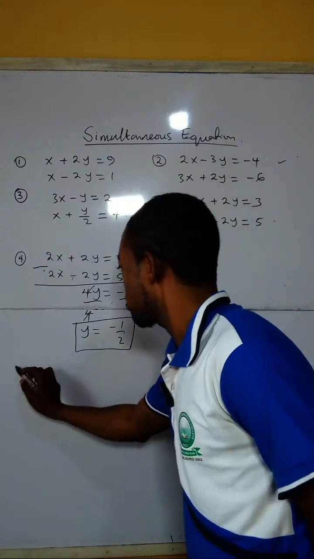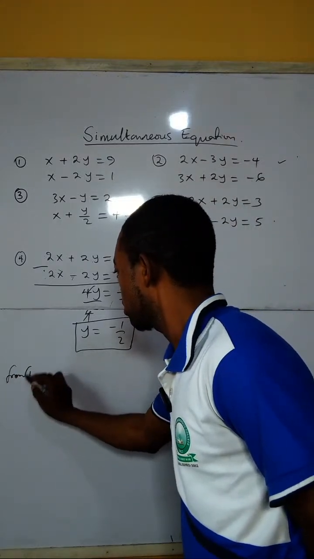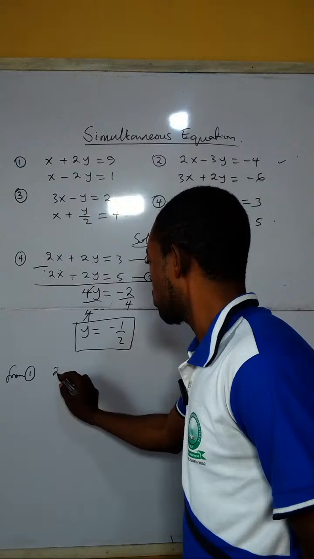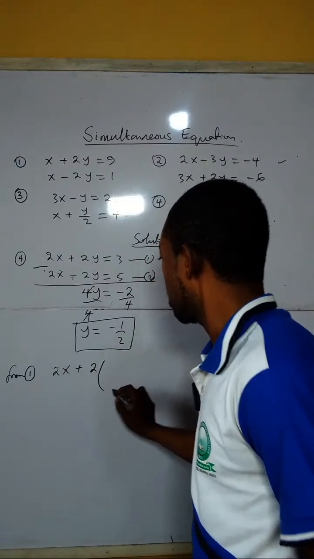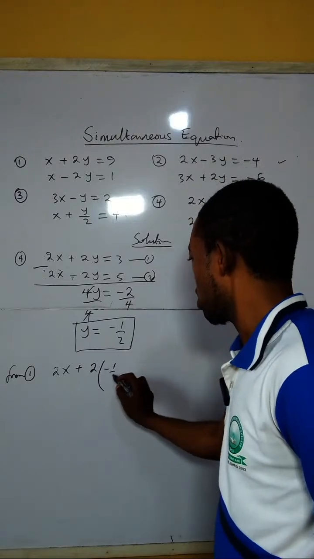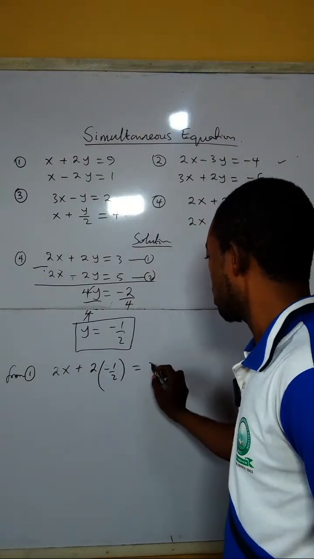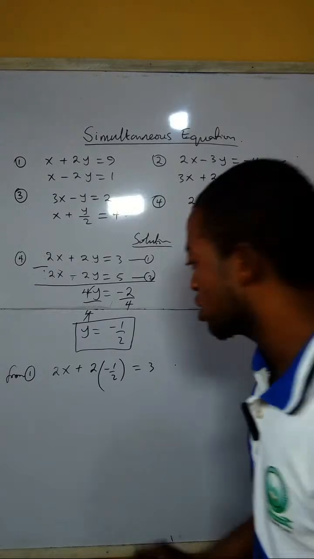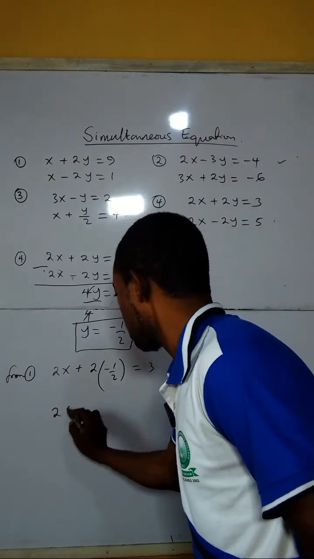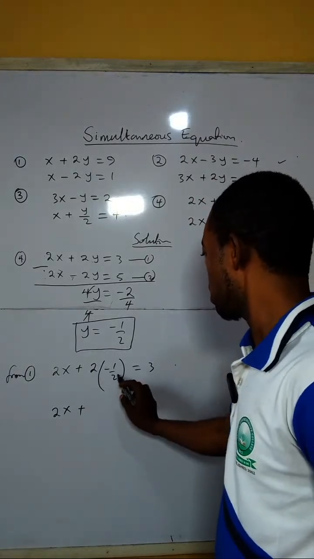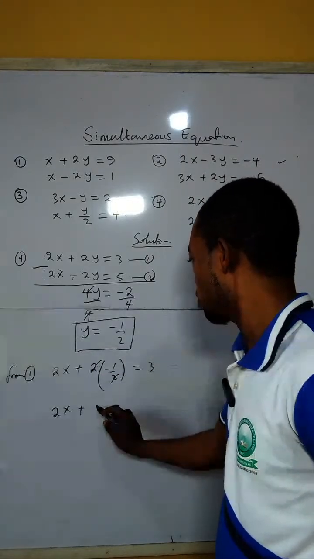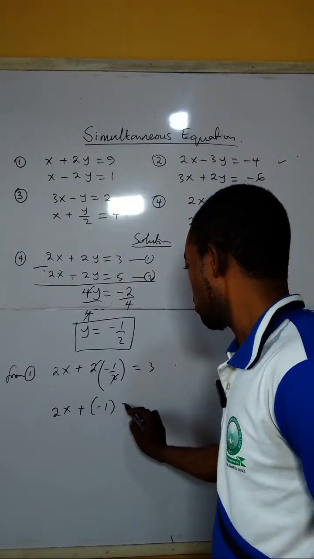So from equation 1, what we have becomes 2x plus 2y, that's 2 times minus half, equals to 3. This gives us 2x plus, 2 times minus half becomes minus 1, so equals to 3.